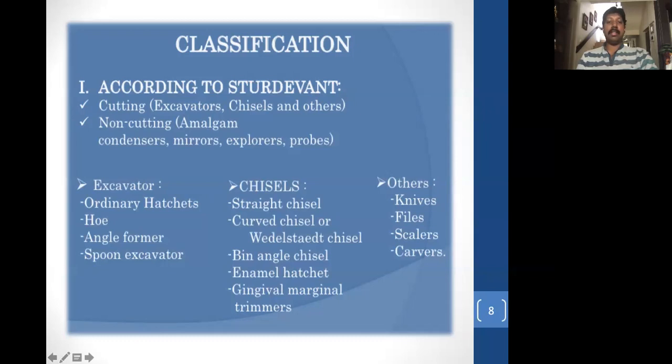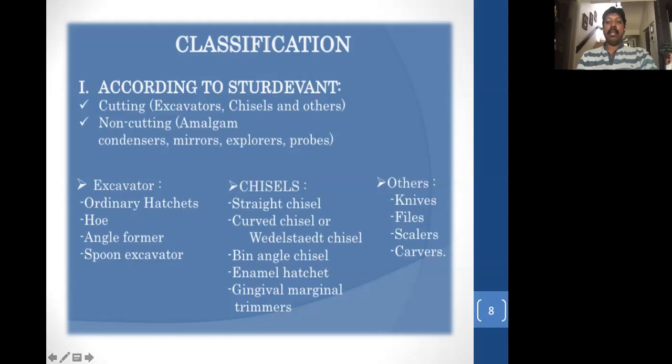All this comes under chisel. Others are knives, files, scalers, carvers. This is all the cutting instruments. So cutting instruments are again divided into three types: excavators, chisels, and others. You getting my point? Cutting and non-cutting first. Cutting has excavators, chisels, and others.